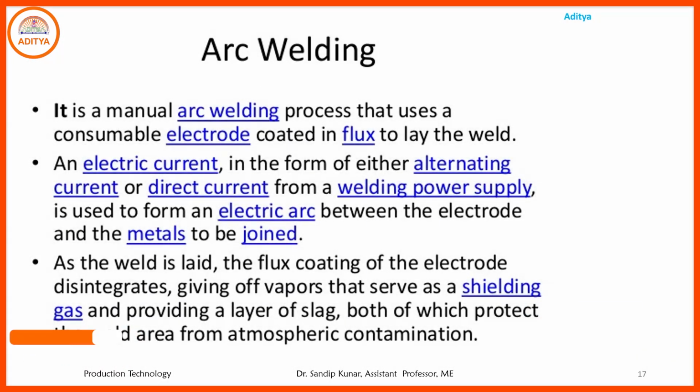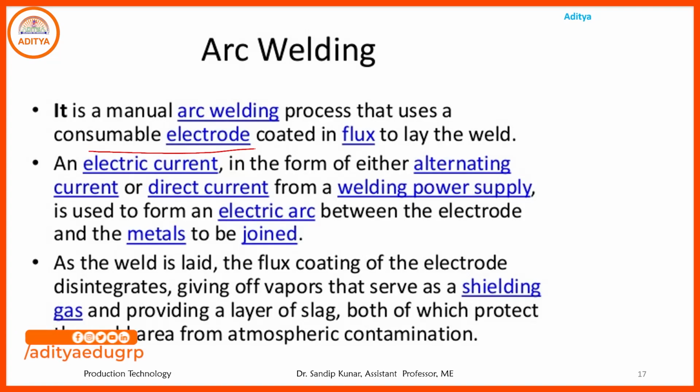In manual arc welding, why is it called manual arc welding? Here we do the welding manually, one person holds the welding torch and does the welding operations as per the fabrication requirement. Sometimes we use a consumable electrode coated with flux.